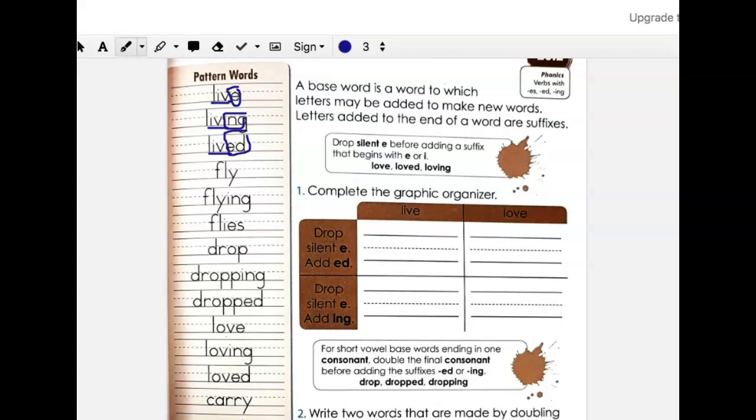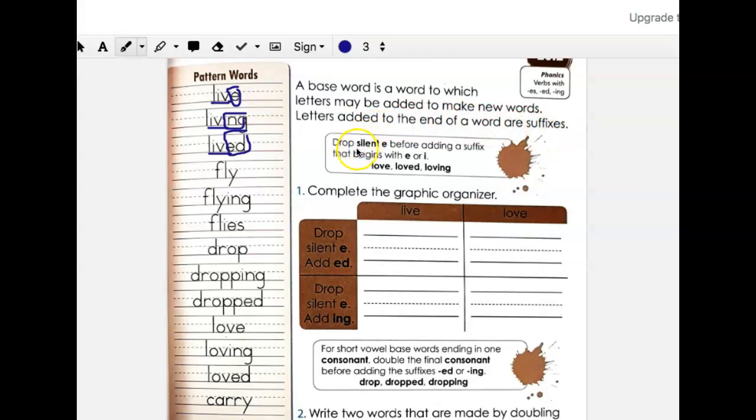Base words are the main words to which letters may be added to make new words. For example, the word live is the base word, and the ending ing is added onto it to make the new word living. We call those letters added to the end of the word suffixes.